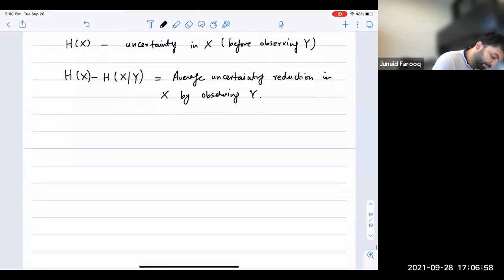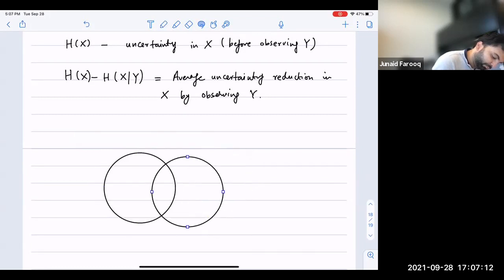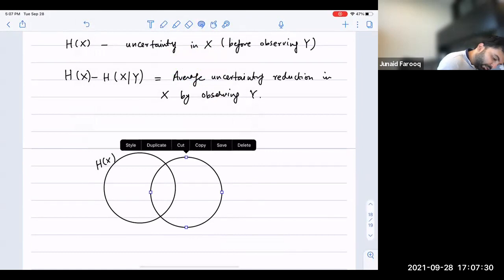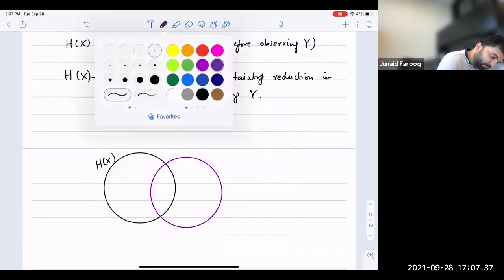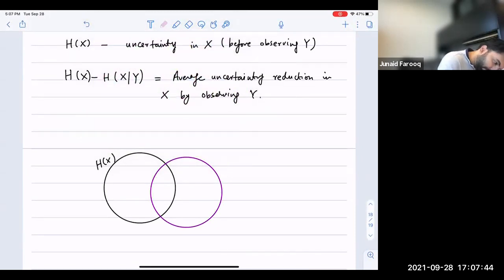So if you look at it pictorially, let's say we had two variables X and Y, and let's say h of X represents this circle here, right? And let's say this is h of Y, right?